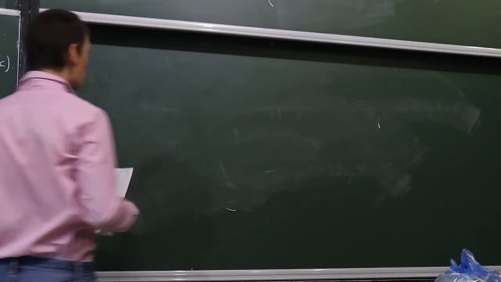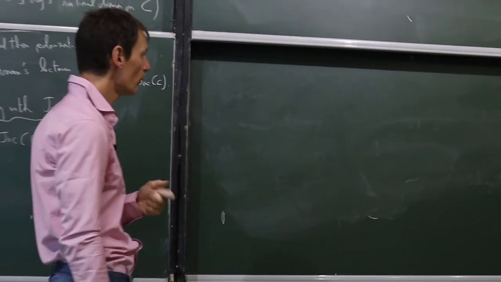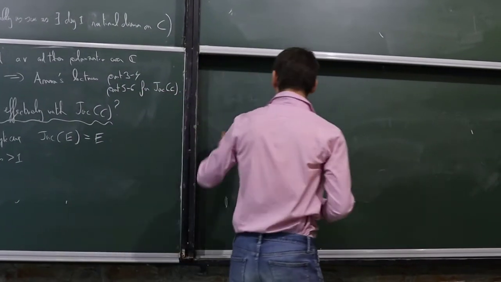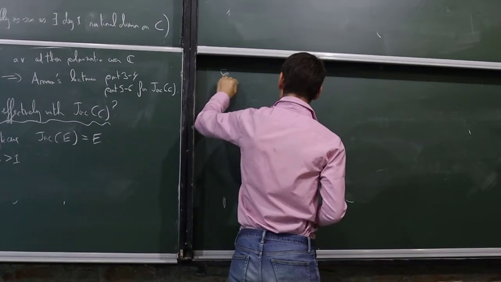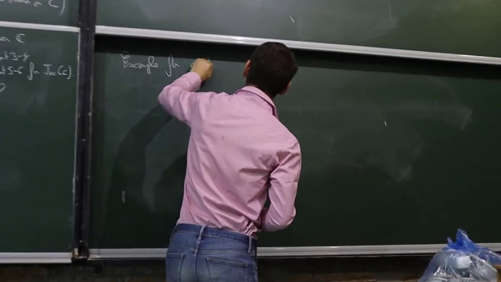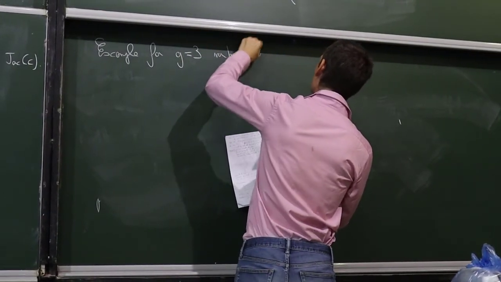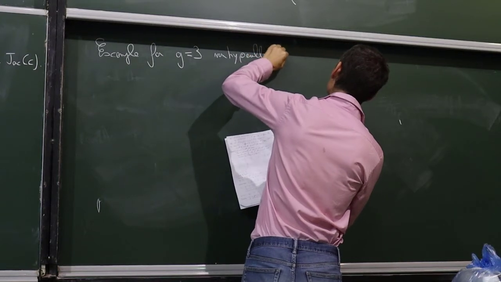So that's how I'm going to represent my elements in Jac C. Now, how am I going to add them? And for this, I'm going to give you an example for genus 3 non-hyperelliptic curves.